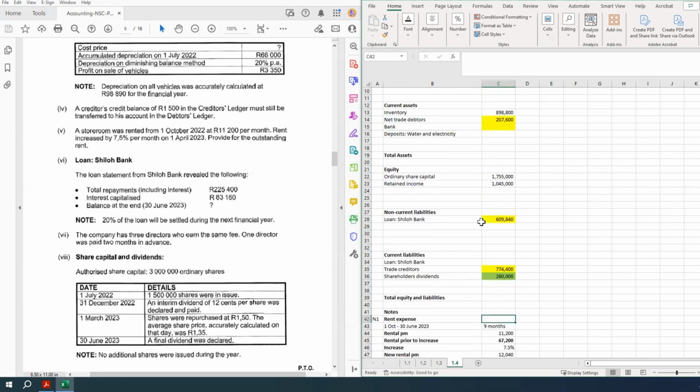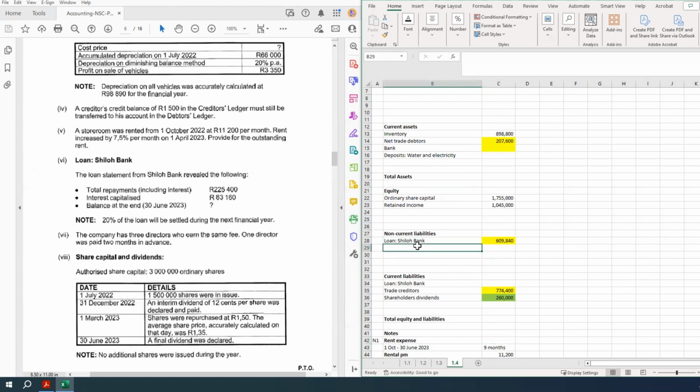So that tells me if I go back to my balance sheet here, this balance that I have is actually not the final amount. So it's not correct. There's still some calculations that need to happen there. And then we're told that 20% of the loan will be settled during the next financial year.